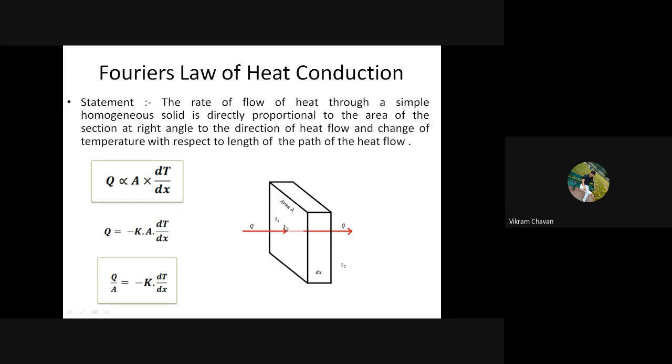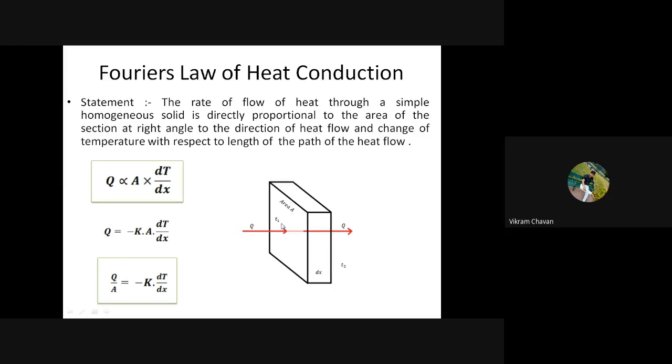The first surface temperature is T1 and the next is T2. We always take the next surface minus the initial surface, so dT becomes T2 minus T1.